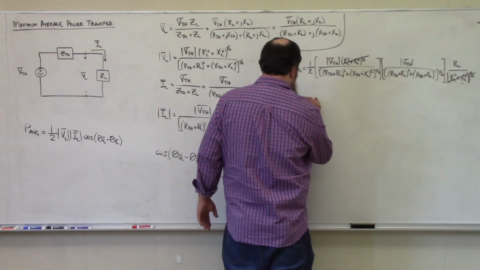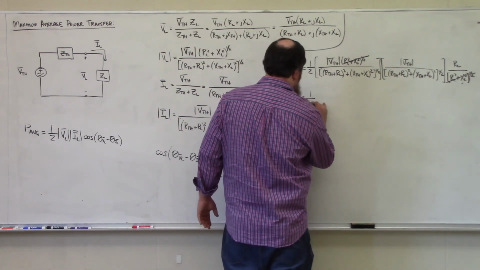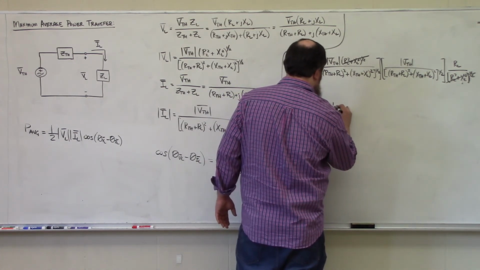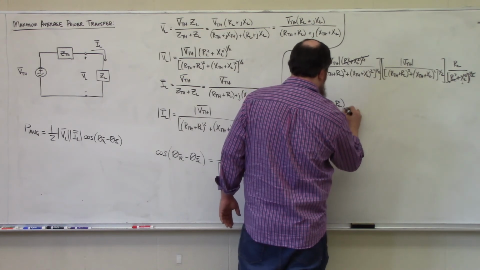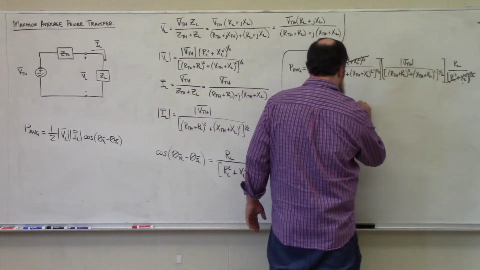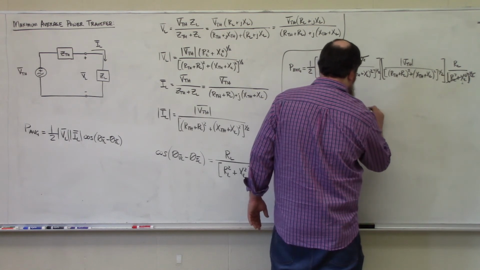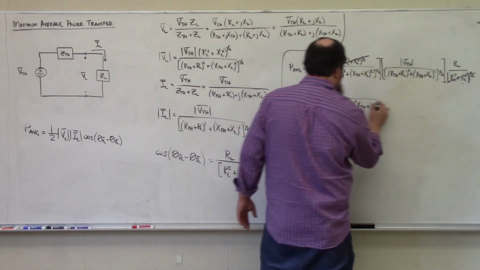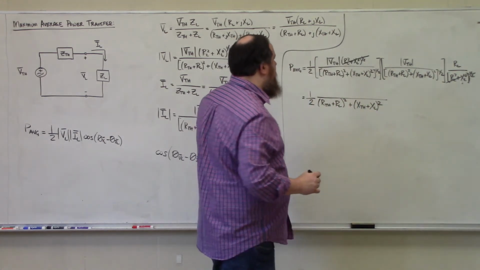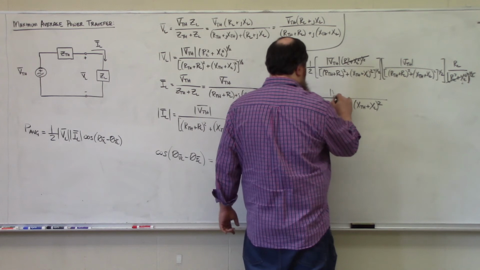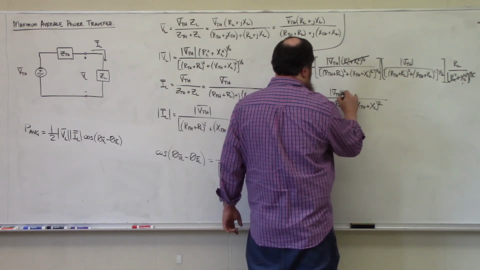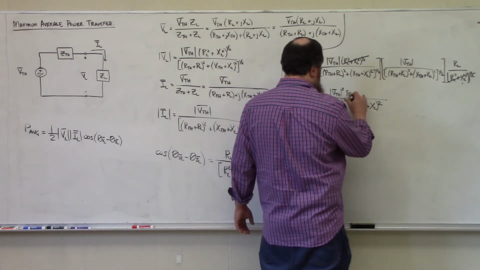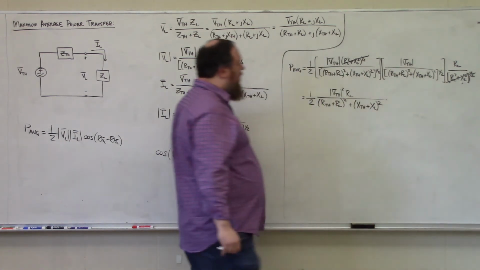So that I will have 1/2 times, in my denominator, RTH plus RL quantity squared plus XTH plus XL quantity squared. And in my numerator, I'm going to have the magnitude of the Thevenin voltage squared multiplied by RL.